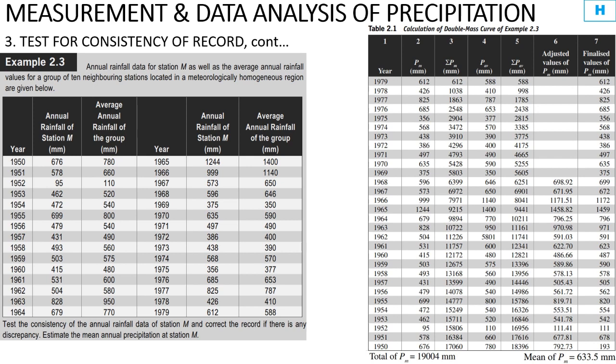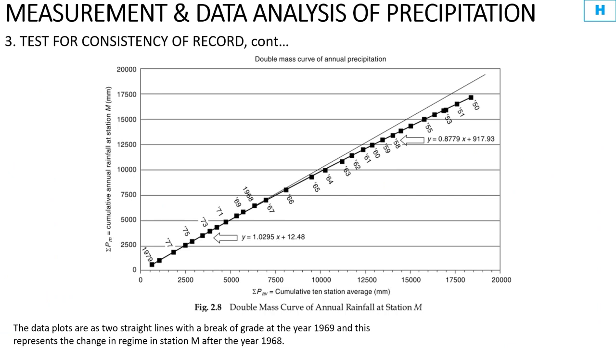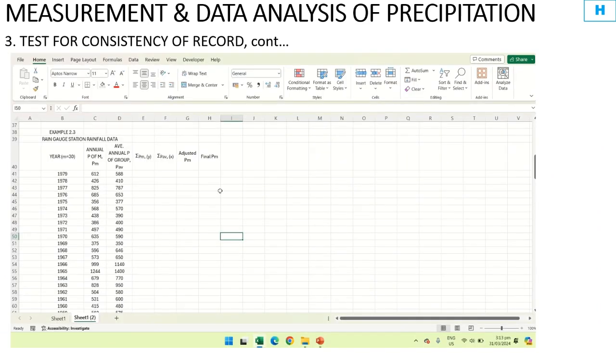So, I've attached, ni-record ko ito. This is a video recording kung paano nakuha or paano masosolution yung adjustment, paano i-adjust ang mga inconsistent na record. Kumbaga, meron ng trend of precipitation yung area, pero nag-change siya. So, you have to adjust that old trend to the present trend. Kasi hindi na siya consistent, hindi mo magagamit yun.